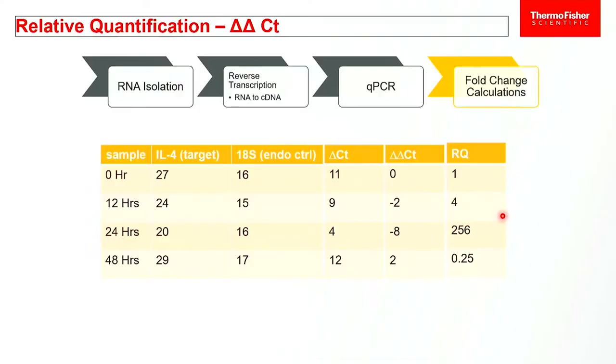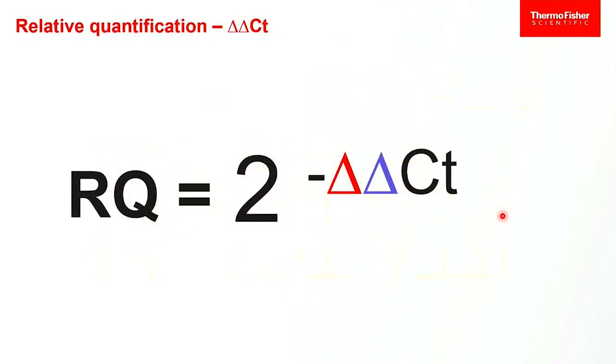After we get another 24 hours in the future at 48 hours, we now have a 0.25 fold change, meaning we had just 1/4 of that original expression level at time 0 that is now reflected at the 48-hour mark. Okay, so that is how we interpret fold change and how we calculate fold change.